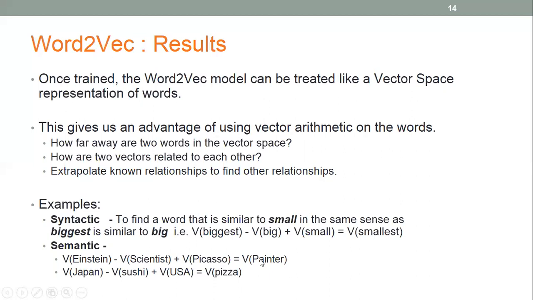For example, Einstein minus scientist plus Picasso gives a painter. To learn this using a hand-coded or a rule-based technique is not imaginable, but Word2Vec can learn that, and that is the power of Word2Vec.